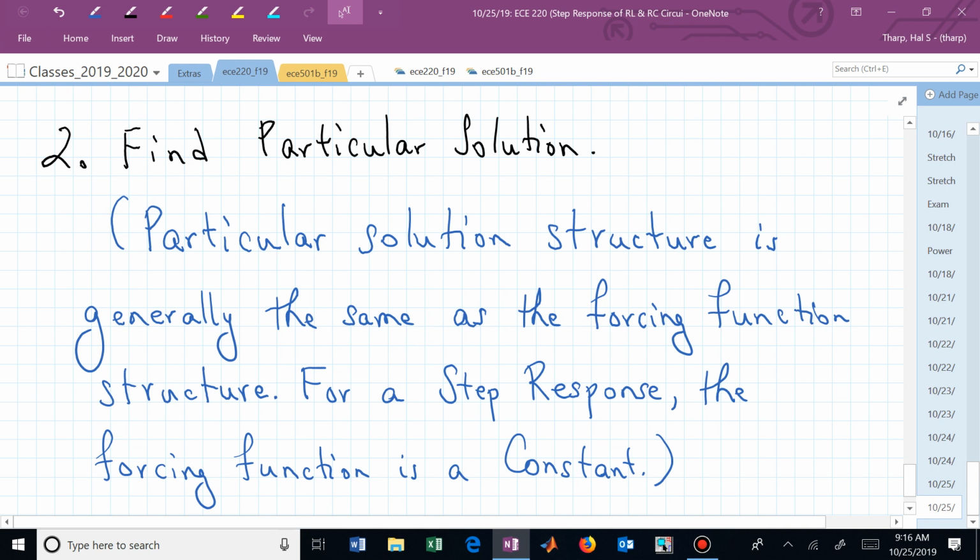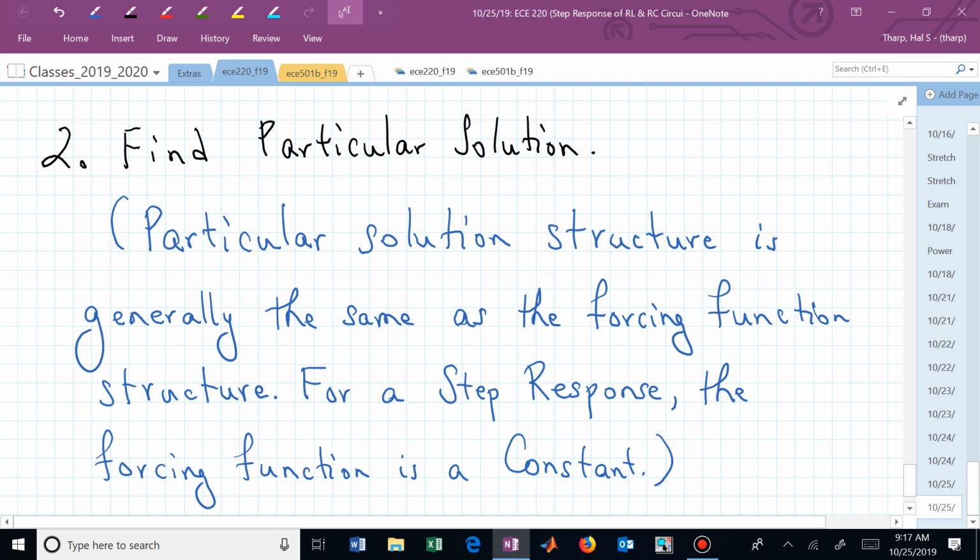But for now, when we're talking about time domain response and time domain solutions, we're dealing with constant inputs. The particular solution is going to have the same structure as that excitation or forcing function, or the constant waveform that we're exciting the system with. We hit it with a step. We would expect everything after all the transients are gone to be constant in our circuit.